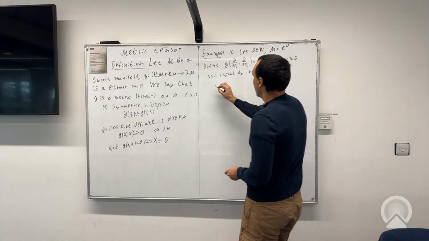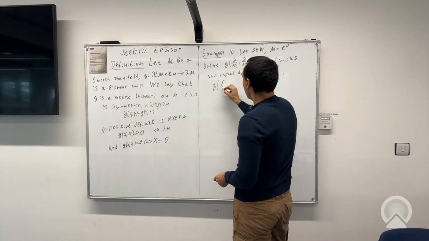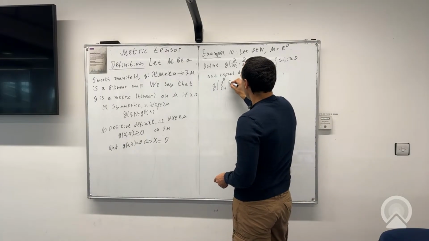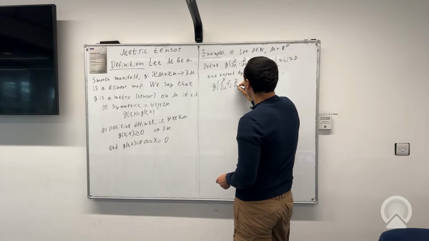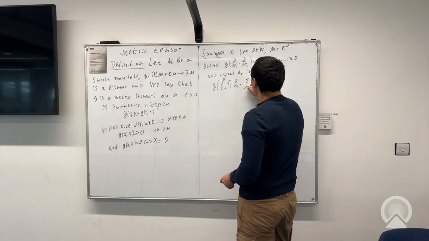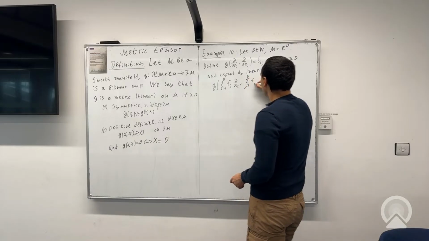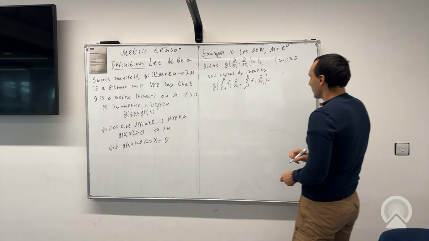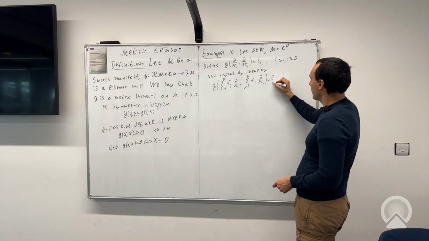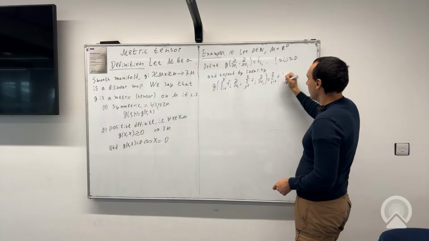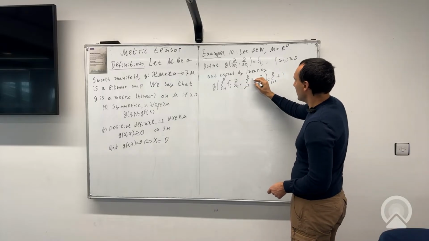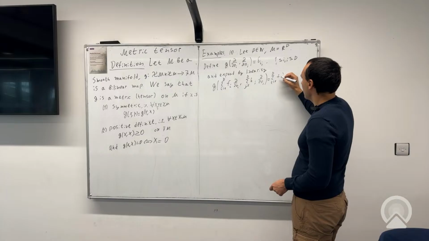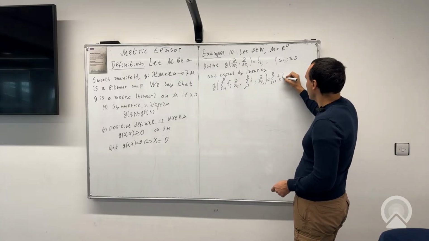So that means that G of the sum i from 1 to d f_i d/dx_i and the sum j from 1 to d h_j d/dx_j is equal to the sum k from 1 to d of f_k times h_k.